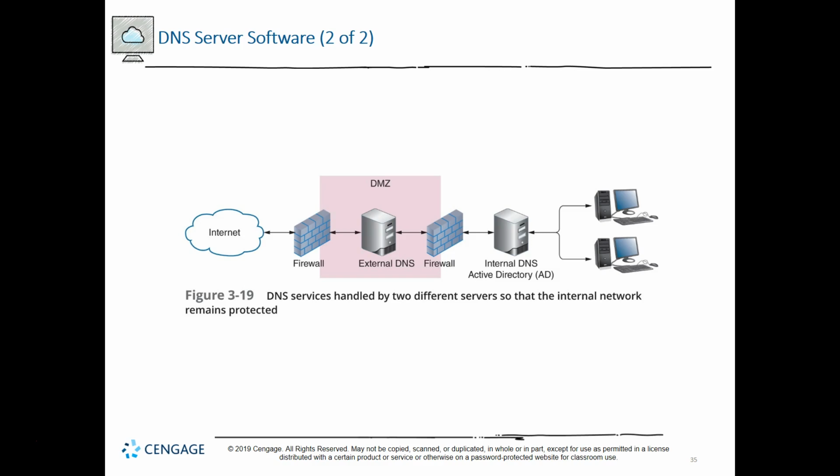We have a hardware firewall. We have our external DNS, then another firewall, and our internal DNS. So it sounds like a lot of equipment to have to get out there, right? Again, we're basing this all on how do we best protect our network, and how do we best protect that data that's stored inside of there.